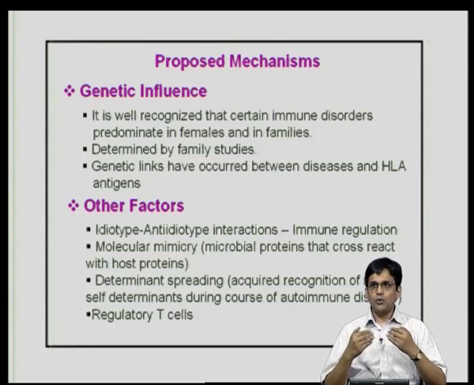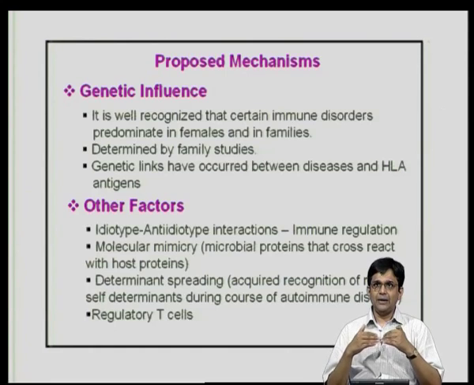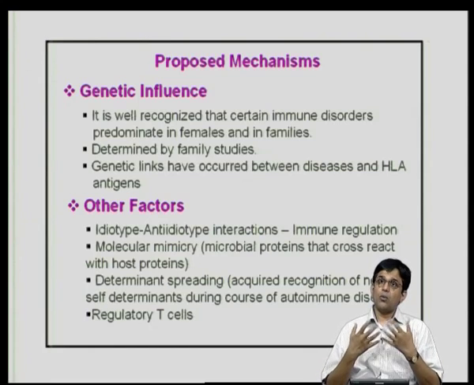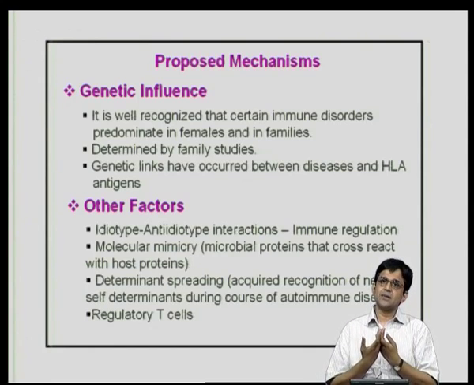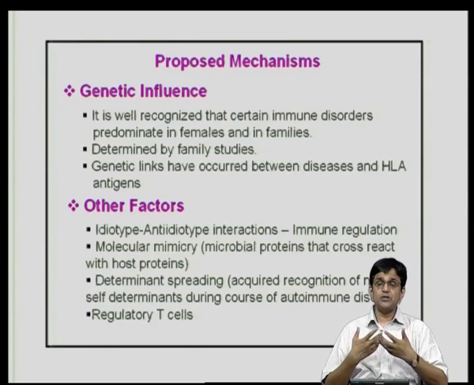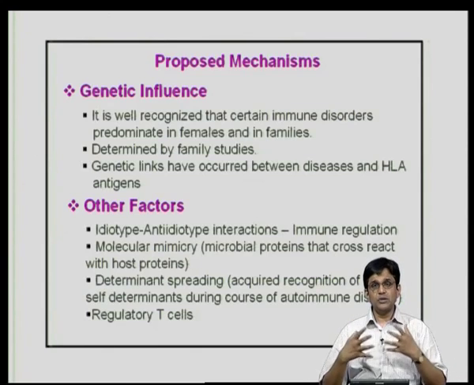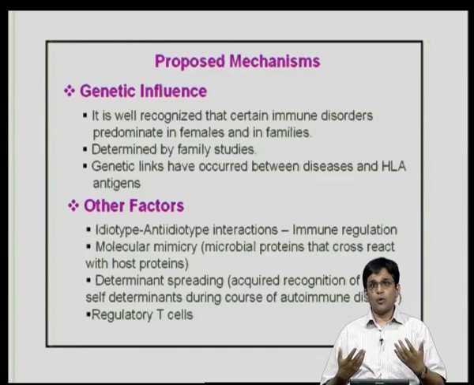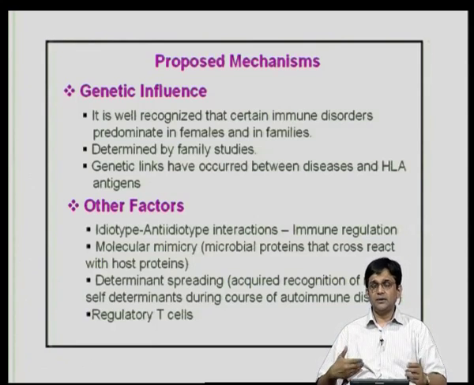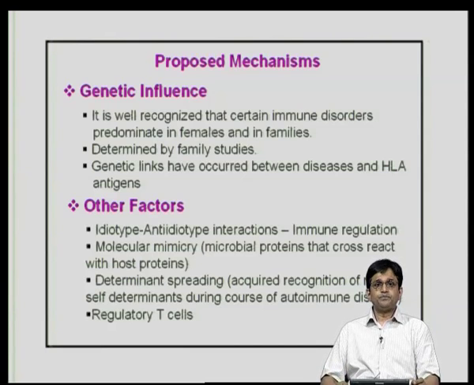So, often you have idiotype anti-idiotype interactions, and if you have a lot of this, you have antigen antibody complexes. You have antibodies reacting with antibodies, as a result of which you have these immune complexes, and if you have too many of these, they are a problem, because as I said, these immune complexes are a problem in the kidney because they are harder to separate out. They will clump up and clog up the filtration process in the kidney.